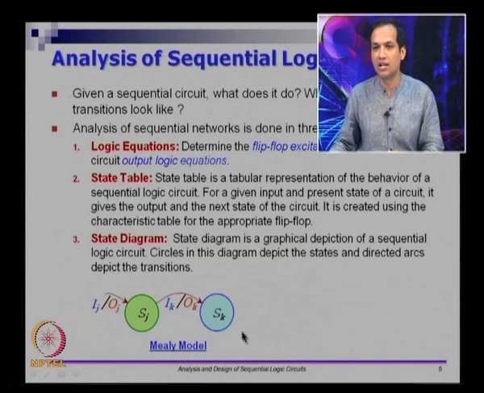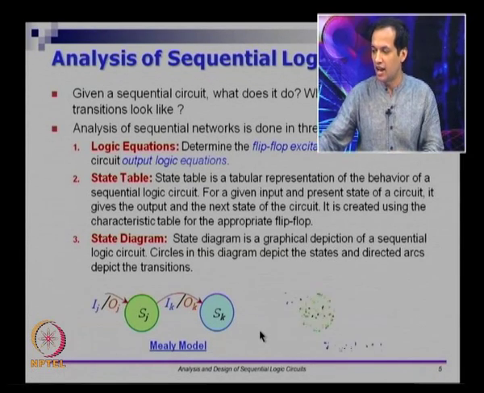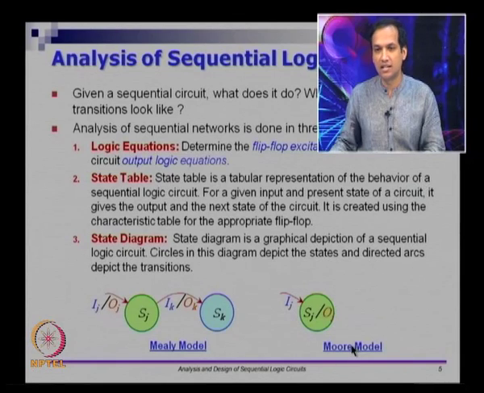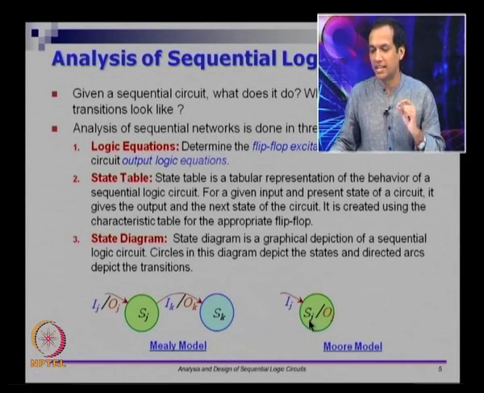So such a model is called the Mealy model, and equivalently there is a Moore model. A Moore model is one in which you have the state Sj, and remember the outputs are completely controlled by the state itself, right. In a Moore model the output depends only on the state. So what you can do is on arriving in the particular state Sj, you can immediately tell what the different outputs are going to be.